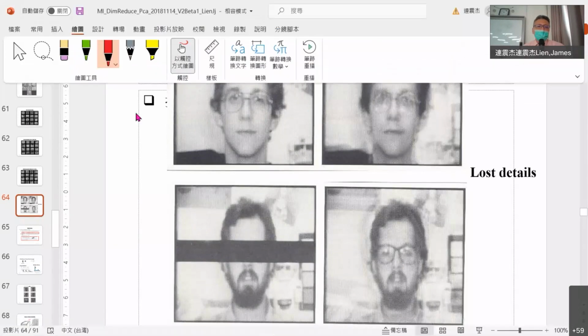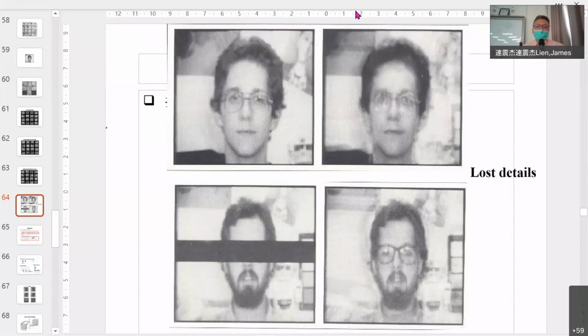Okay, so let's talk about this page again. PCA can do analysis, 分析, but it can also do synthesis, reconstruction.